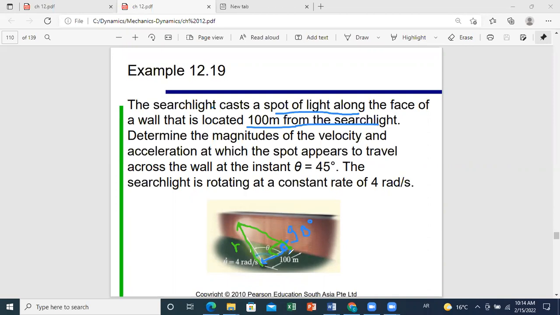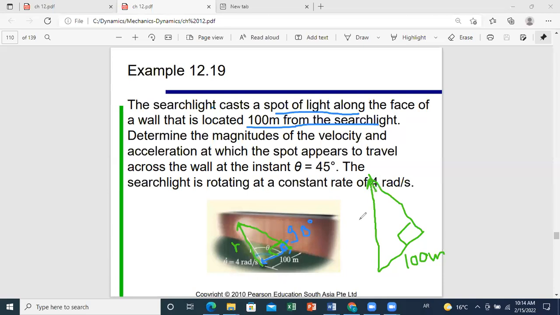So if I want now to put it on a side, I have a triangle. This is 100 meters. This line on the wall is making an angle of 90 degrees with this distance. And the position vector R is here.